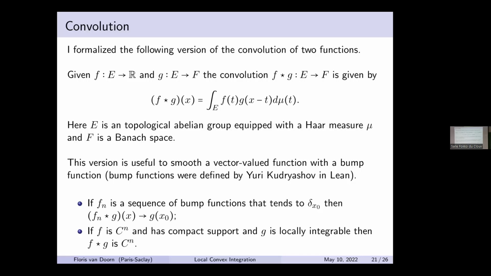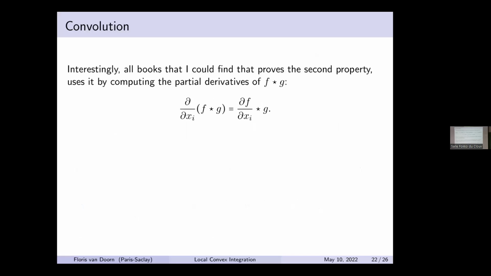So if f is Cn and has convex support and g is locally integrable, then the convolution is also Cn. In the proof of this property, all the books that I could find, together with Patrick, we looked at a couple of books, show this by computing its partial derivative. We take the partial derivative of the convolution inside the integral, and we can show that it's equal to the convolution of the partial derivative of f with g.